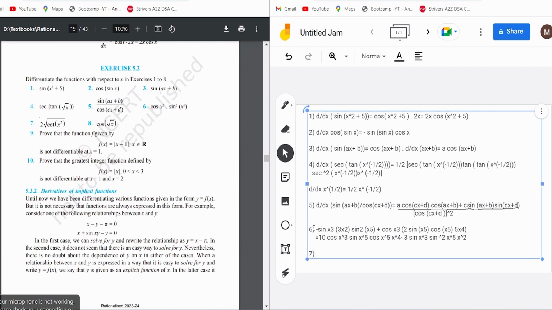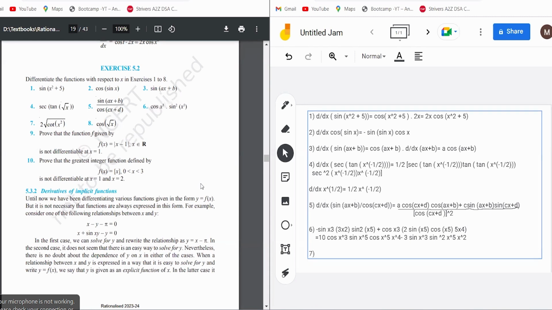So what we are asking in question number 7, it's saying 2 times under root of cot of x squared. So differentiate it. 2 is constant, so 2 will remain. Firstly, we have to differentiate the under root. How will we differentiate the under root? I just told you differentiation of root x is 1 upon 2 root x. Similarly, differentiation of root of cot of x square would be 1 upon 2 root cot of x square. So 1 upon 2 and 2 will cancel out.